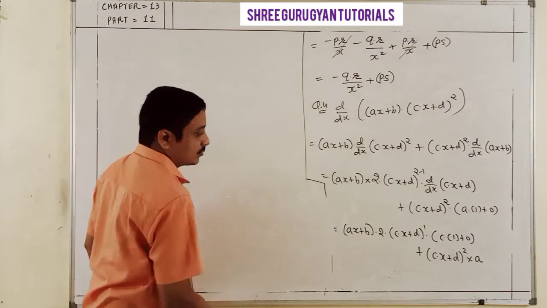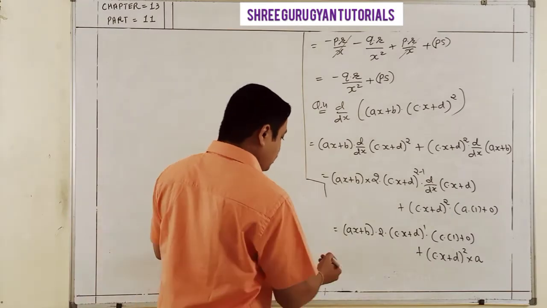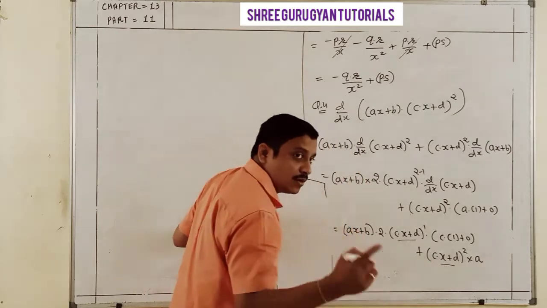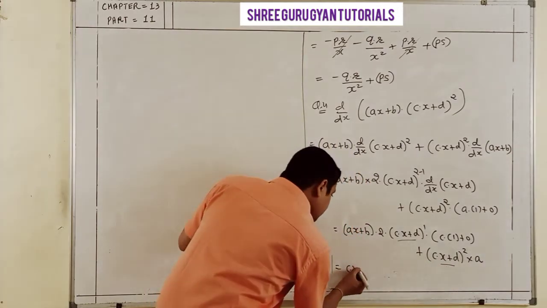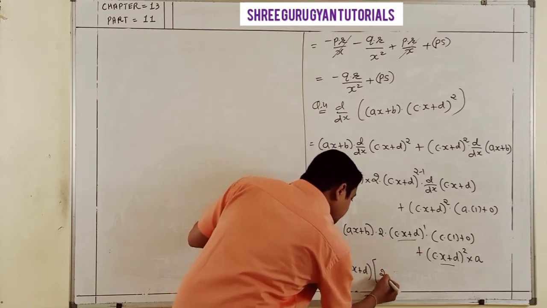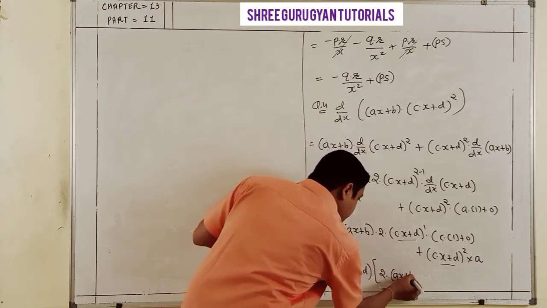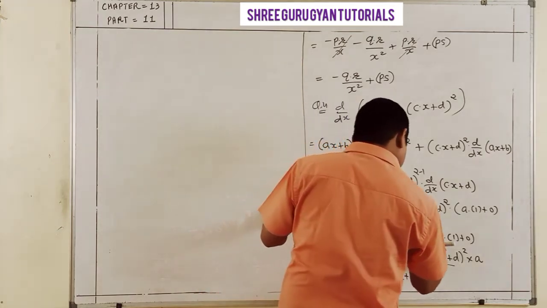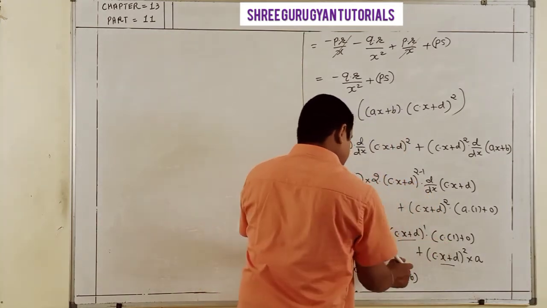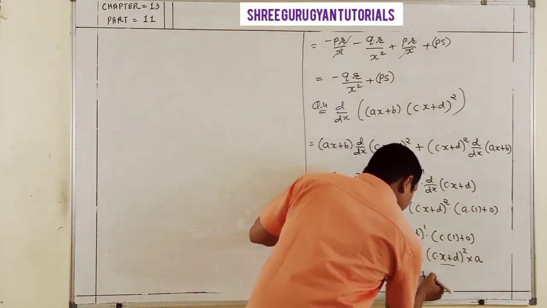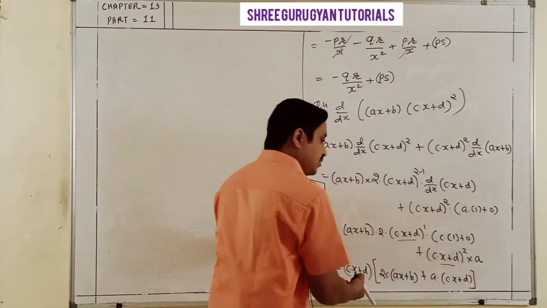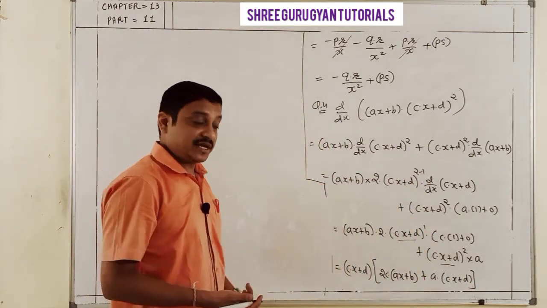So for common, one common is (cx + d) one time only. So (cx + d) common, remaining are 2 times (ax + b), and here students with c also remaining, so twice c, and (ax + b), and that becomes a but (cx + d).